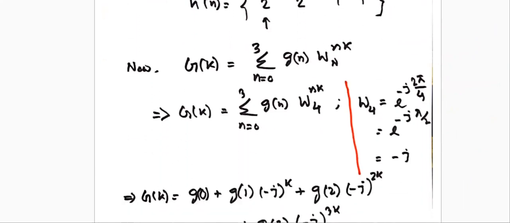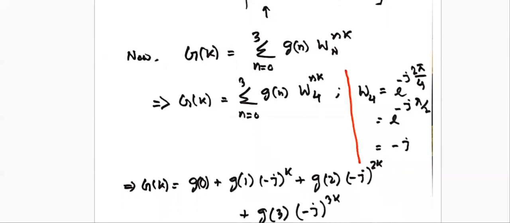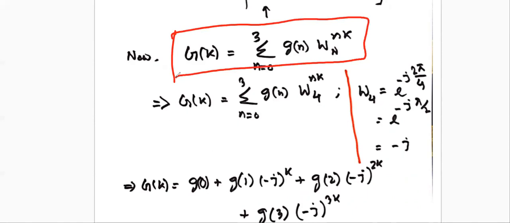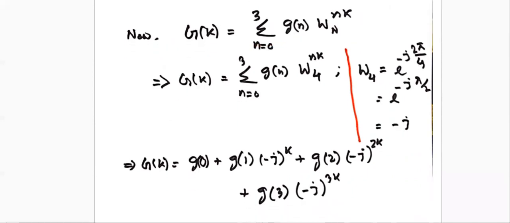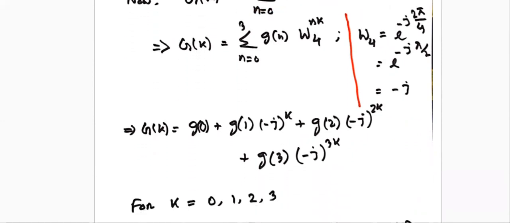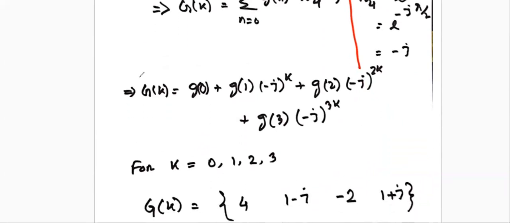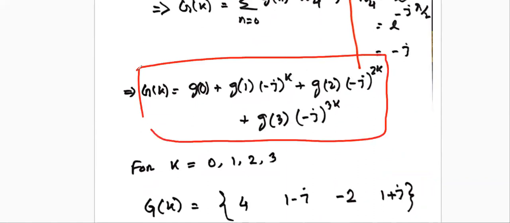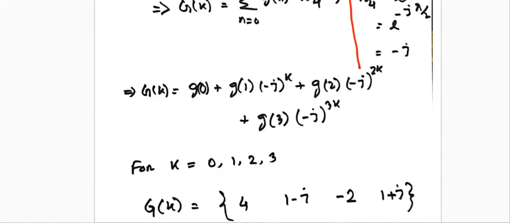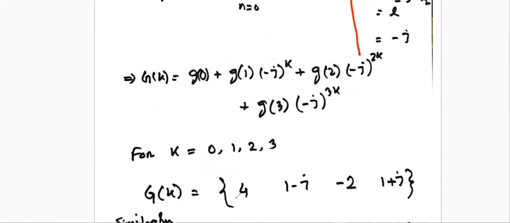So I believe that you can understand very easily because that is the algorithm. So Gn is converted to Gk. No need to explain the things. You will understand whenever I share this PDF. And this is the elaborated equation. Now put the value for k equal to 0.